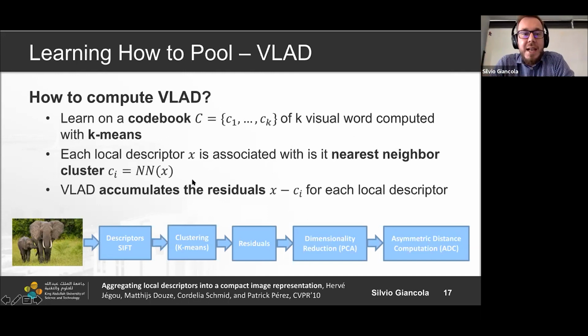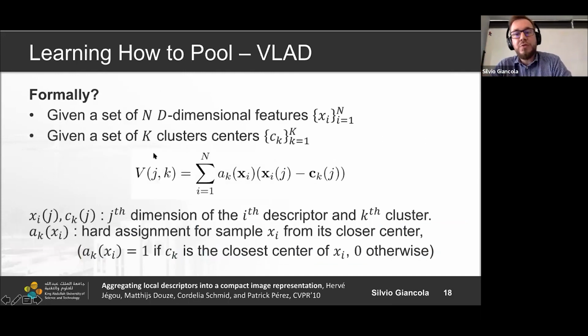So this is VLAD introduced more formally, mathematically, with this expression. This expression is quite important, because if you understand it, you will understand everything else that comes after. Formally, you have a set of N D-dimensional features x_i, with i from 1 to N. You can understand those x_i as the feature of the frame i at a specific time.